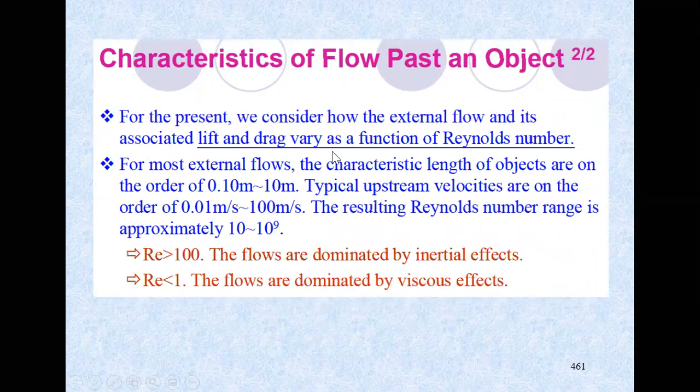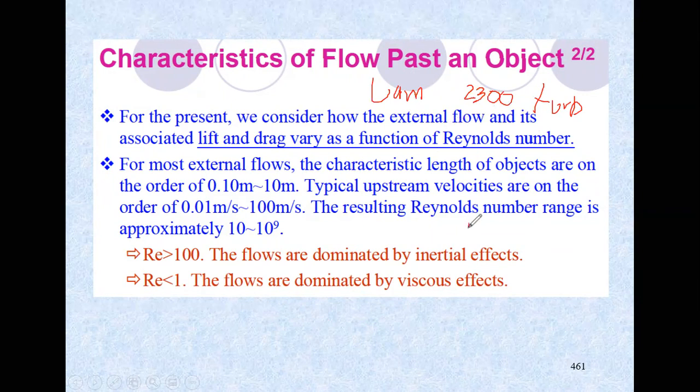Okay, so lift and drag vary as a function of Reynolds number. And we're talking about laminar and turbulent flow. If you remember, the pipe has a transition at 2300 from laminar to turbulent. But for this case, it's actually pretty big.